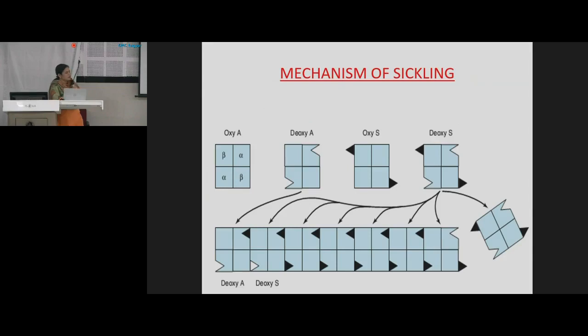So, in the absence of oxygen, these deoxyhemoglobin molecules will get attached to each other, and there will be formation of fibers, and these fibers will distort the normal biconcave shape of the RBCs to sickle shaped RBCs.